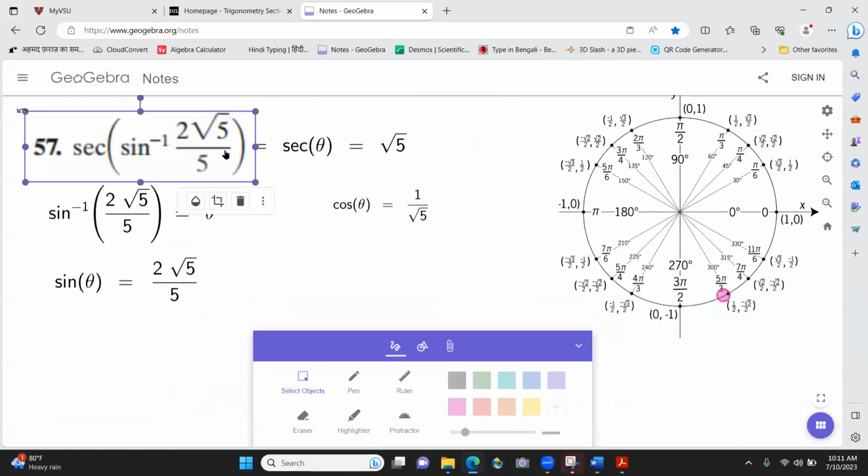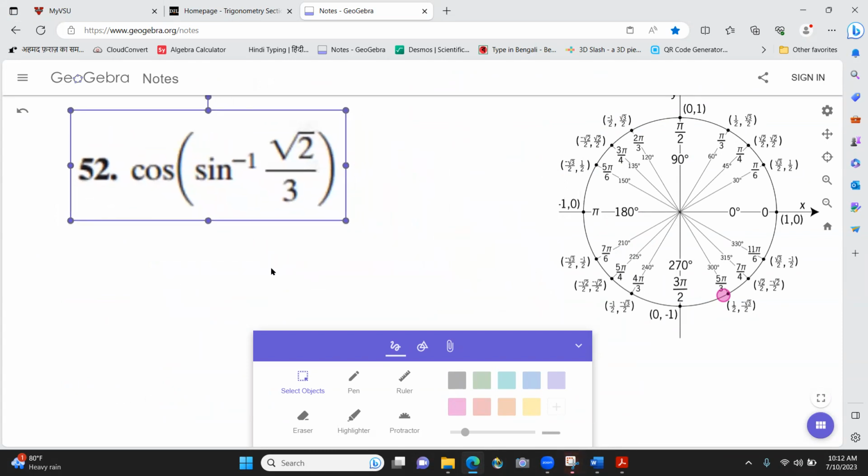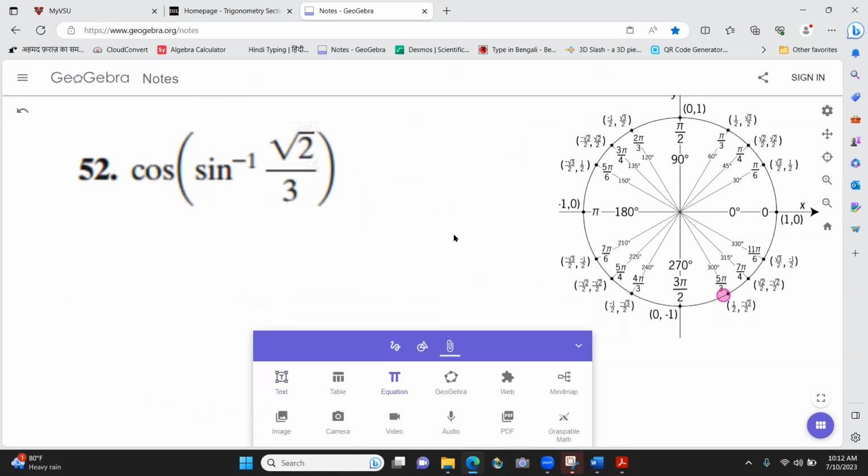I don't think this will be too bad. Okay, 52. We did 57, so we're kind of going back. Don't worry. This whole inverse thing, I'm going to call it theta.